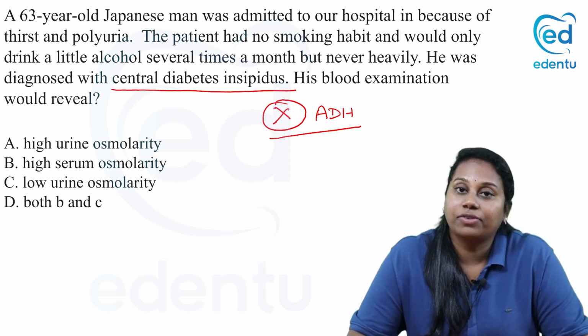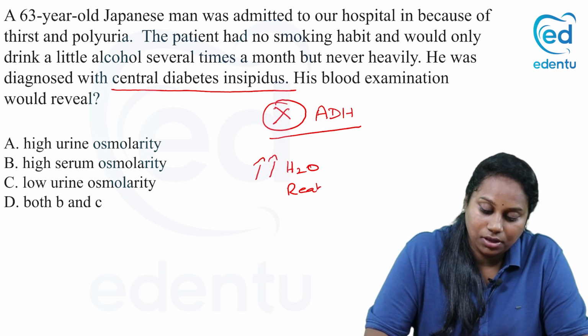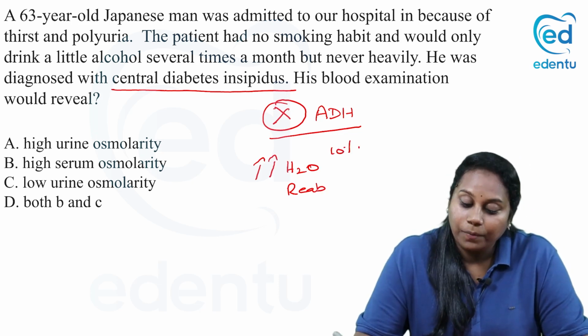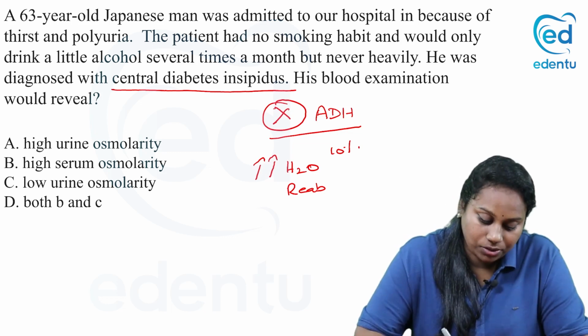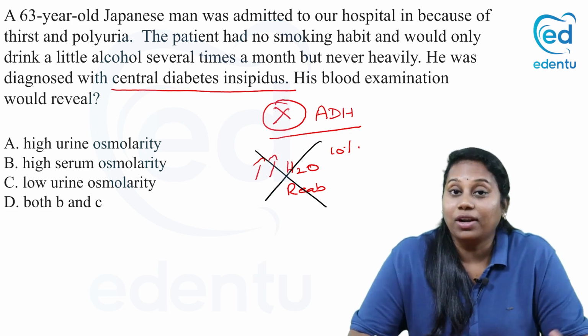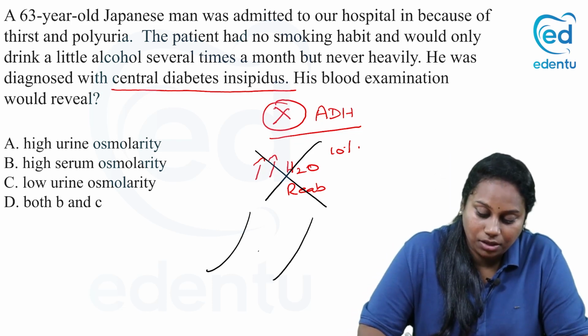What is the role of ADH? To reabsorb water. How much water? 10 to 13% of water. When you don't have ADH, this does not take place. So what happens to all this water when it is not reabsorbed? It comes out in urine.